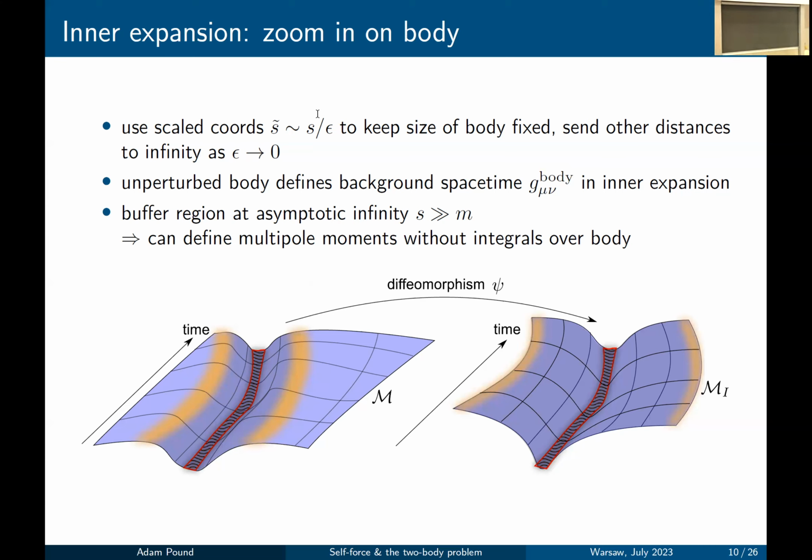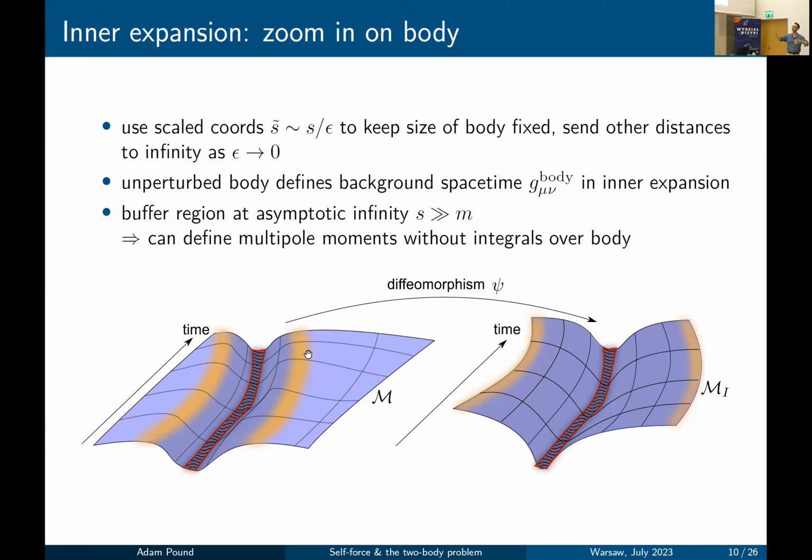So let's say this is my space-time in the vicinity of the body. This little red jumble in the middle is representing some body. It could be a black hole. Well, here it can't be a black hole because it's finite curvature, but in general, it could be a black hole or a material body, it doesn't matter. That buffer region I mentioned on the previous slide is again indicated in orange.